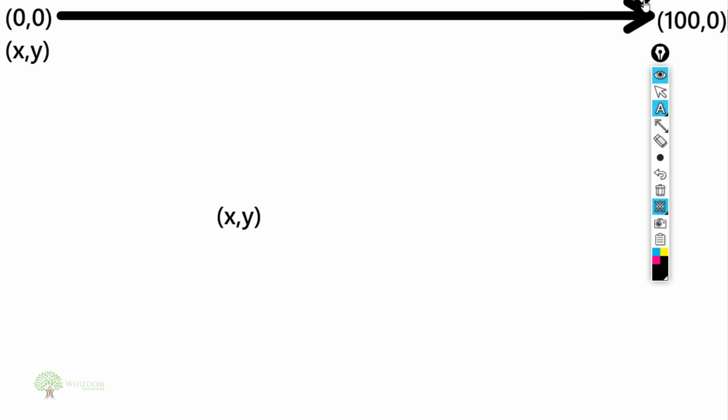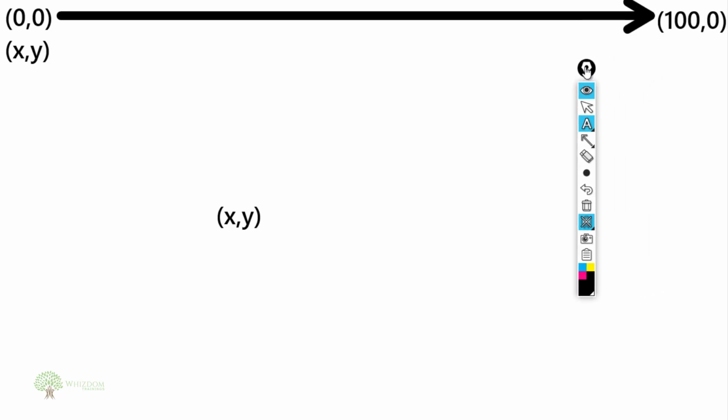So 100 comma 0. Now 100 is the x coordinate and 0 is the y coordinate. This means that x increases horizontally, or you can say that x increases in the right direction.